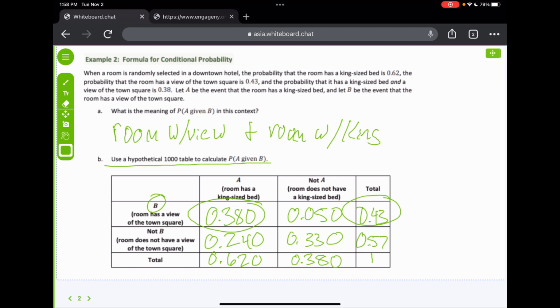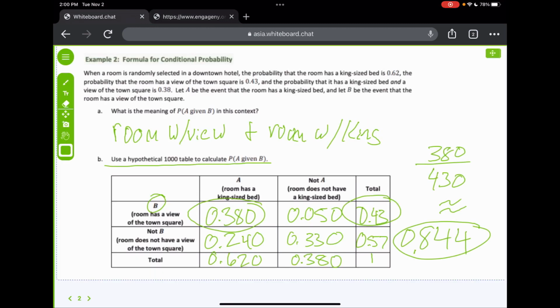Well, A given B is simply, if you look at this, and this would have just been a hypothetical 1000, that would have been 380 divided by 430, and that would have equaled not 844 but 884. So this should say 884. Hypothetical 1000, that's what we would have gotten.